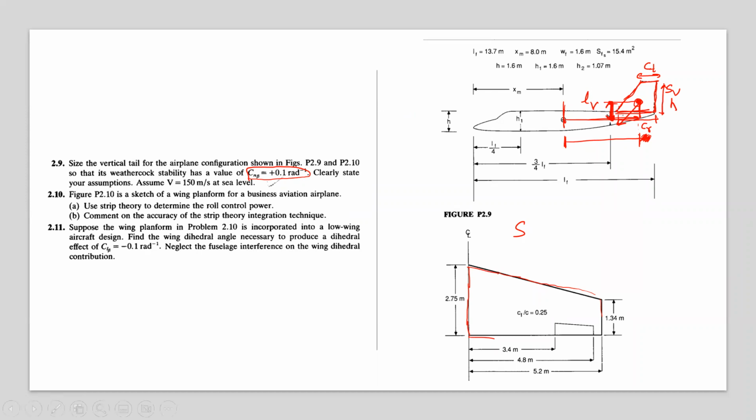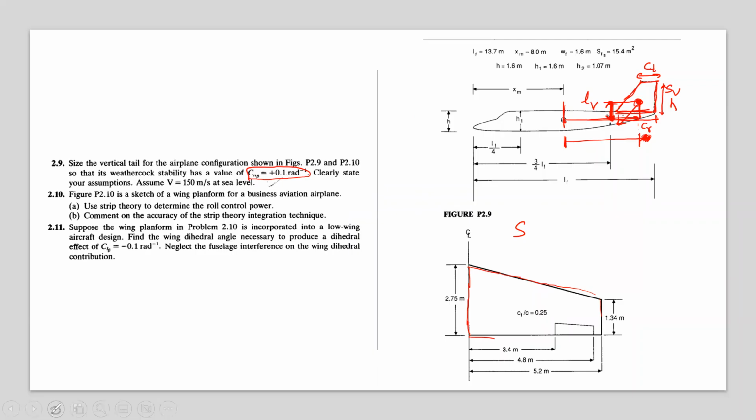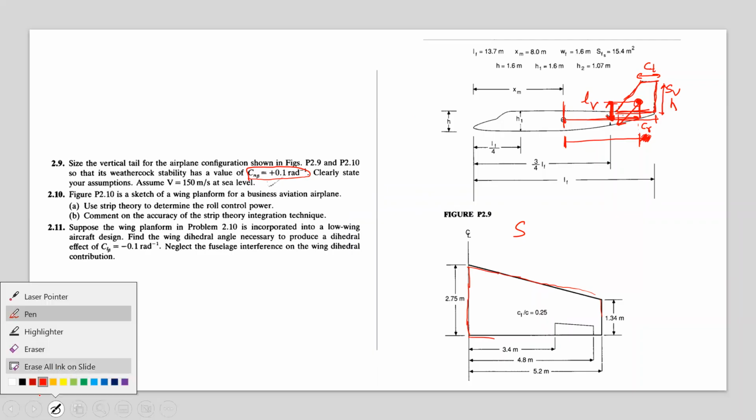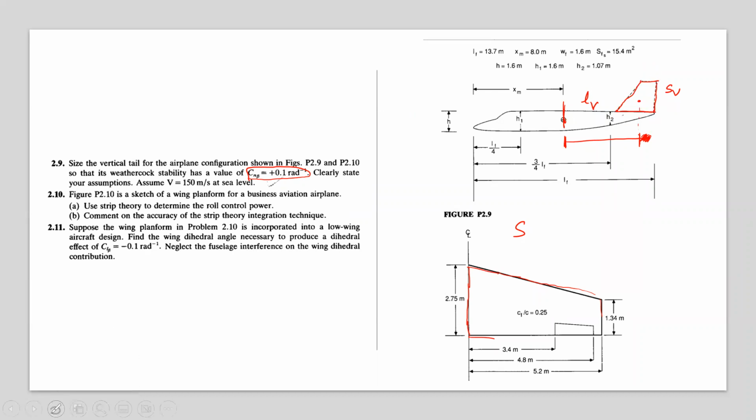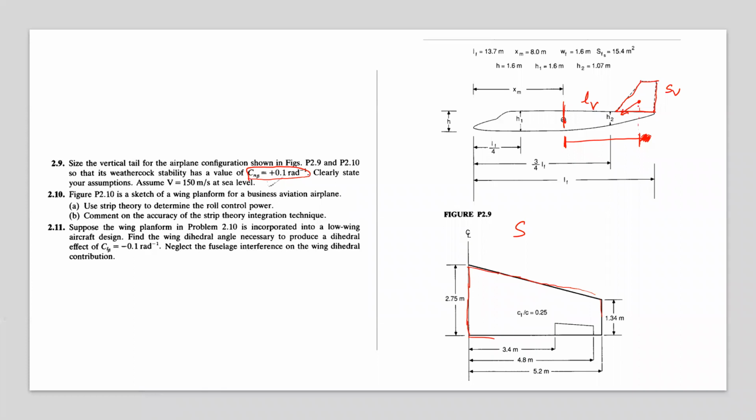So let me go back. Wait a minute, I just want to erase everything first. So the side force will be like this, right? And this side force is at a certain height from this point.